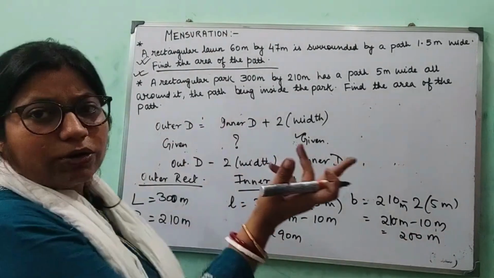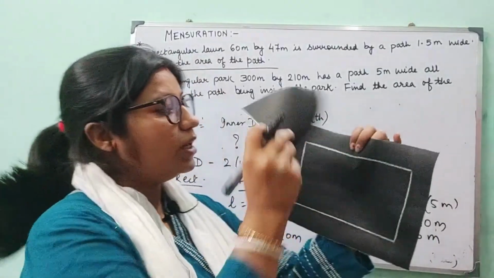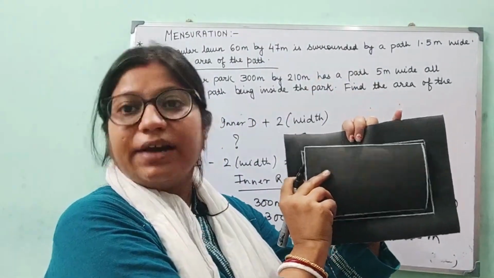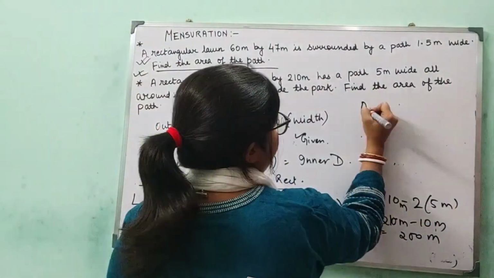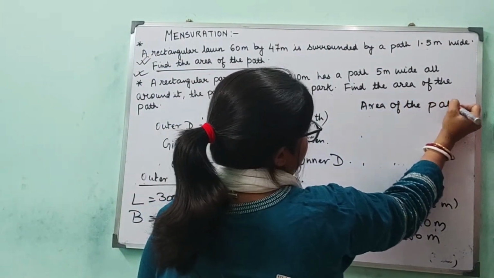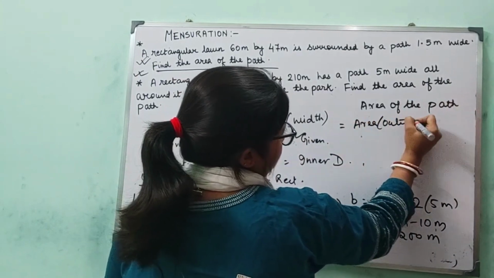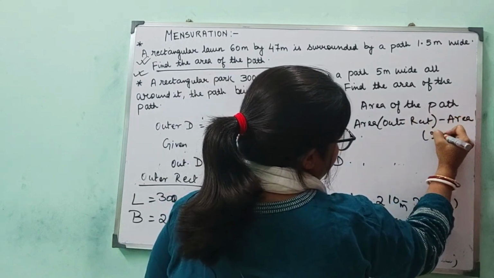Now outer dimensions and inner dimensions, both we have. So the process we will follow is, from the area of the outer rectangle, we will remove the area of the inner rectangle, and we will get the area of the path. So area of path is equal to area of outer rectangle minus area of inner rectangle.